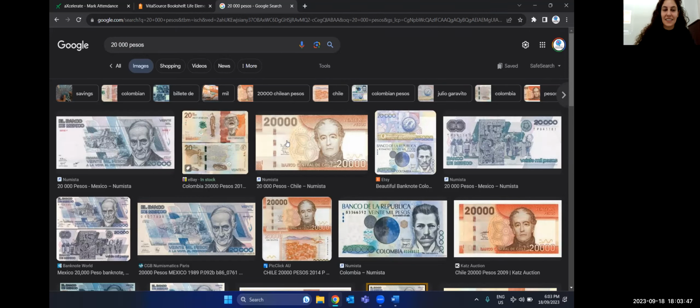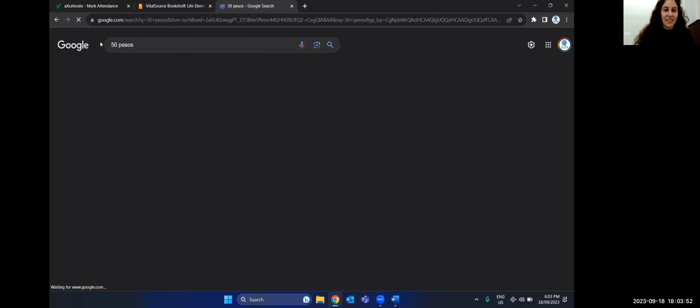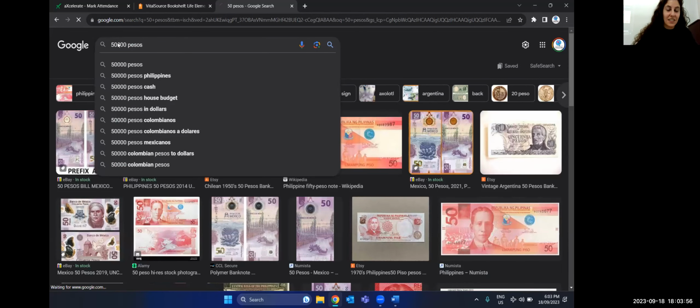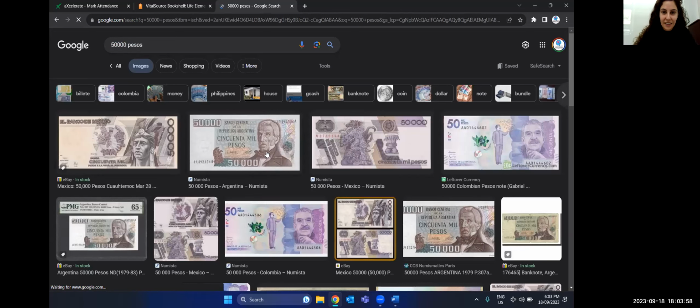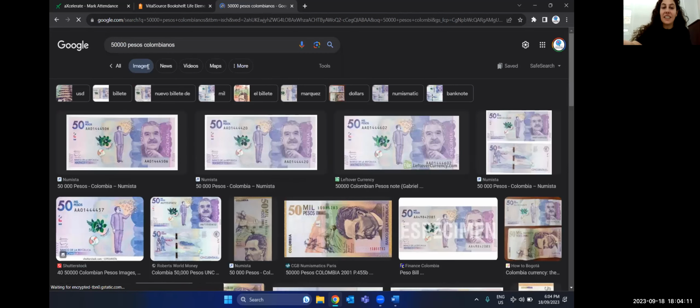This one? 50 pesos? 50,000 pesos. So this is in Colombia. Is that right? Colombia. So interesting how different the Colombian notes are. Yeah, see, for Argentina, Colombia.